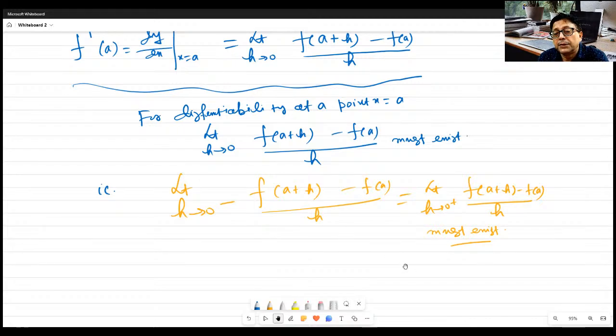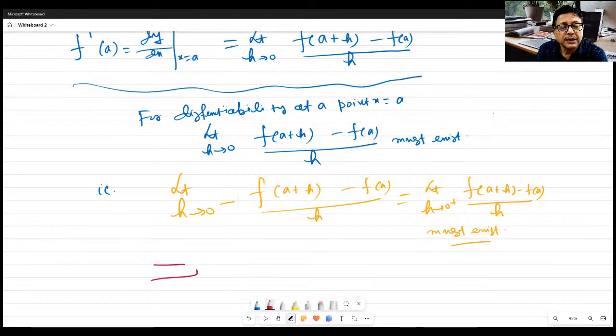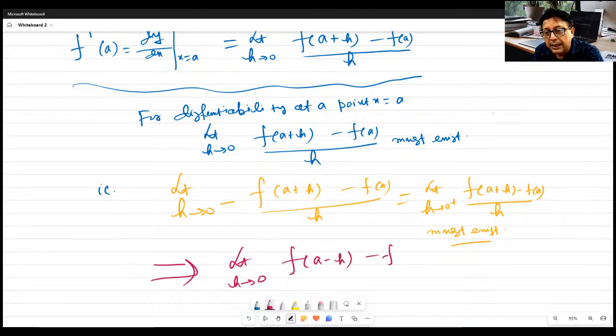But you may not like writing it this manner, so I have an alternative for you. The same thing can be written as limit h tending to 0 of f of a minus h. Some of you might be habituated to this manner, or have started doing continuous differentiability already. Both are possible.